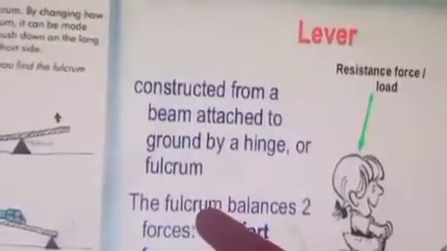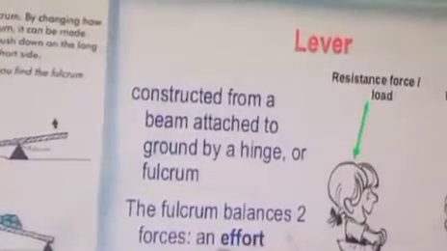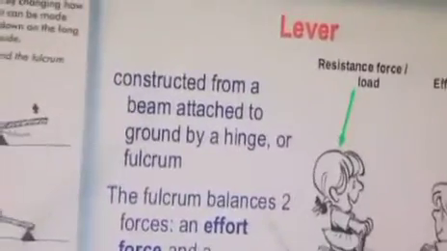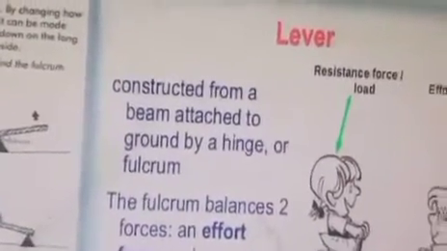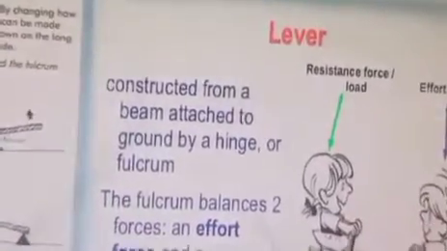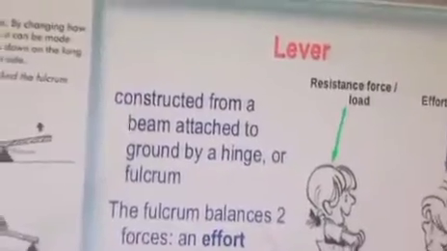So the fulcrum here, the effort force and the resistance force, is what makes one person go down and another person go up. The turning point here, we say, is the hinge or the fulcrum.